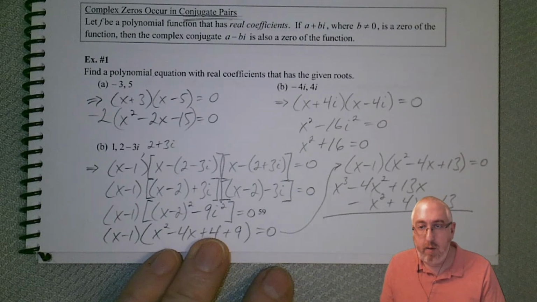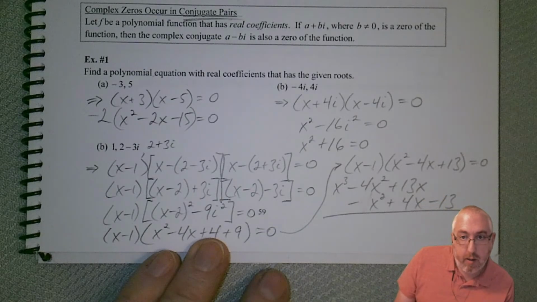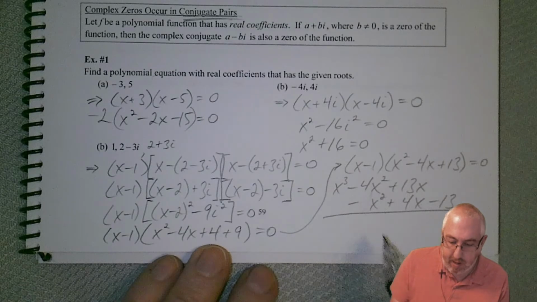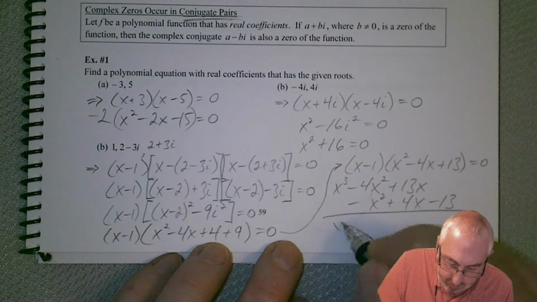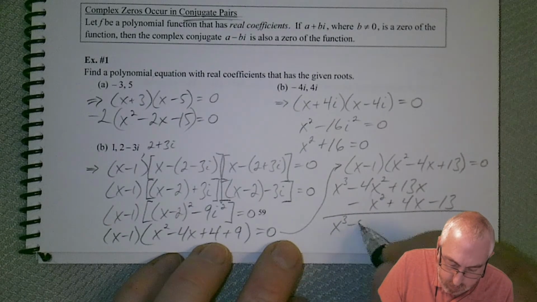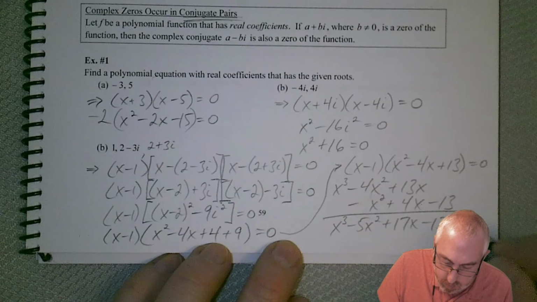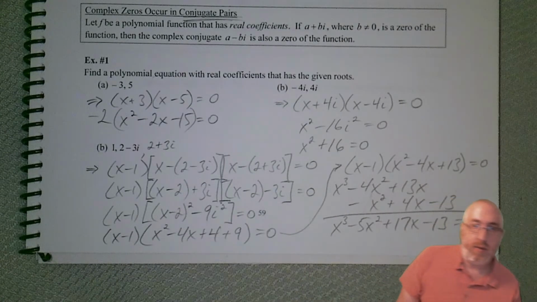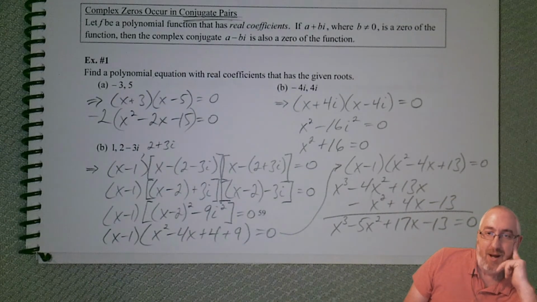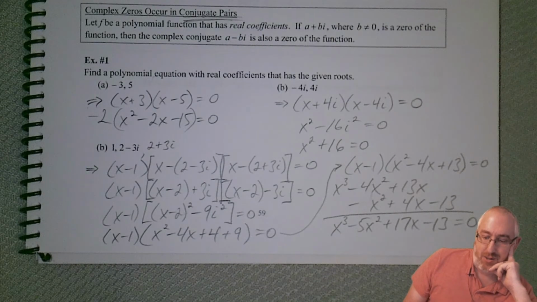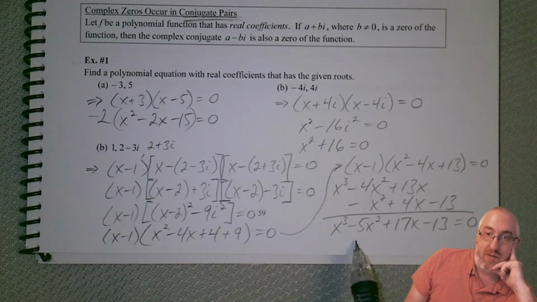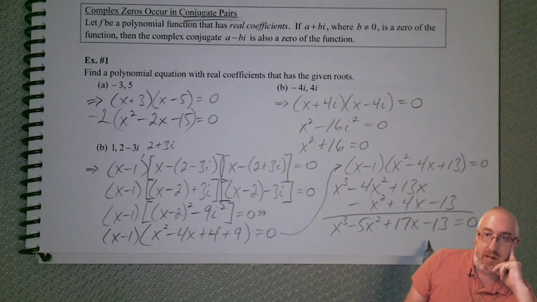And so now, if I move my head out of the way again, we can add and finish this off. And so there's your answer. So x to the third minus 5x squared plus 17x minus 13 equals 0.